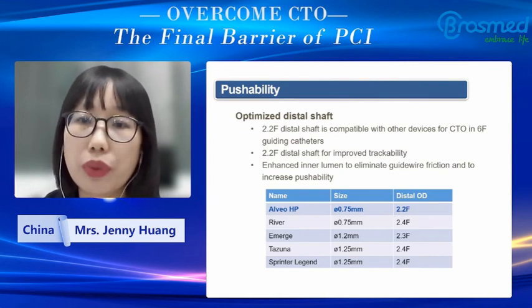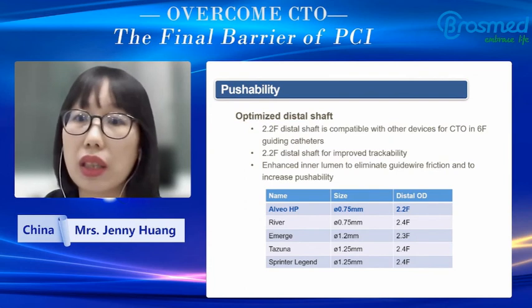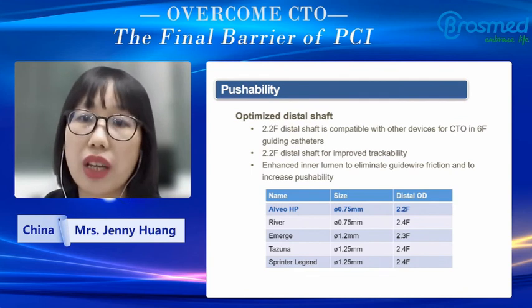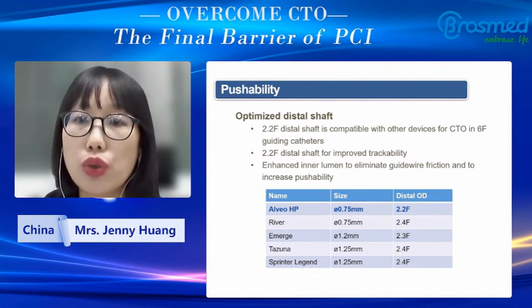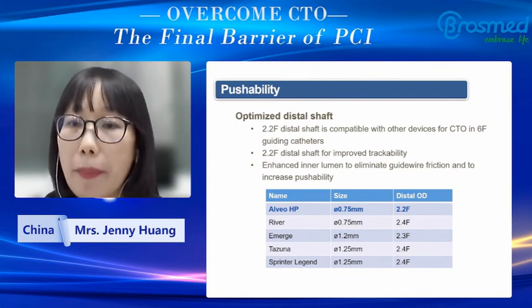So besides the profile, the pushability is another key point to the crossability. We made research of the pushability performance of competitors and designed the distal shaft and proximal shaft. We choose 2.2 French distal shaft to improve the trackability and crossability in tortuous lesions. We compared with other brands' balloon catheters.